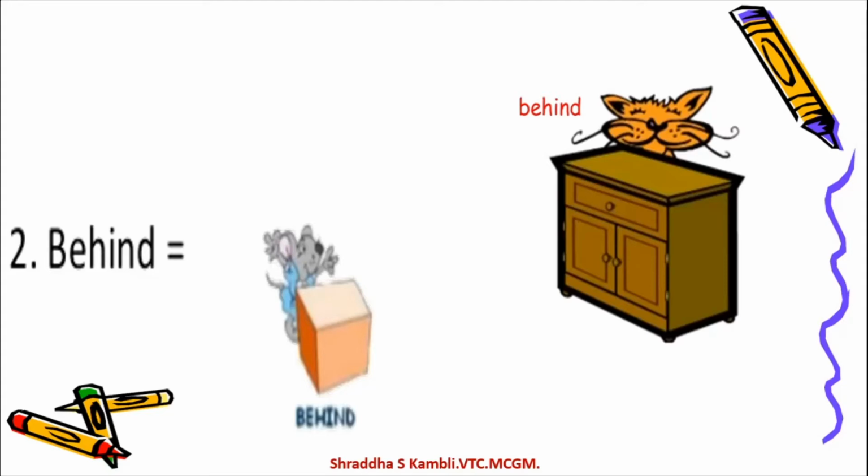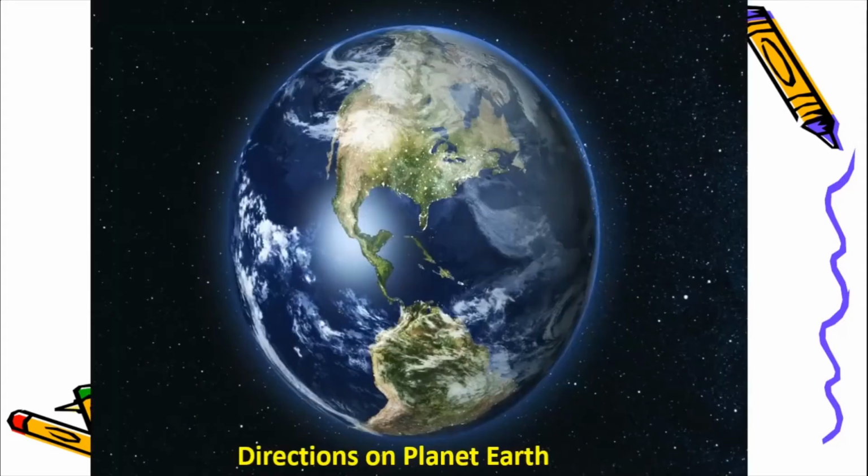Now children, we all know that we live on this planet called Earth, okay, and this Earth is round. Now when you grow up a little bit, you will learn that it is spherical. Actually it is not round, but for third standard level, let us say that the Earth is round. So imagine, on this Earth, how will you decide direction if you talk about left and right and front and behind?